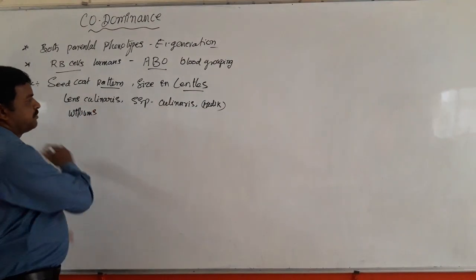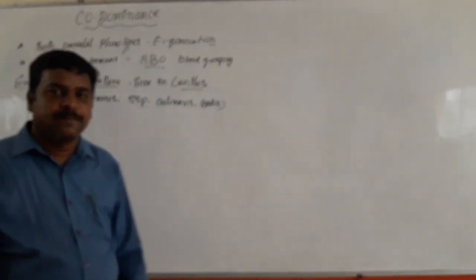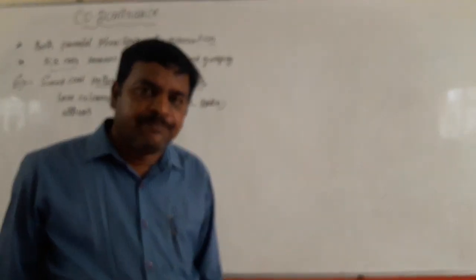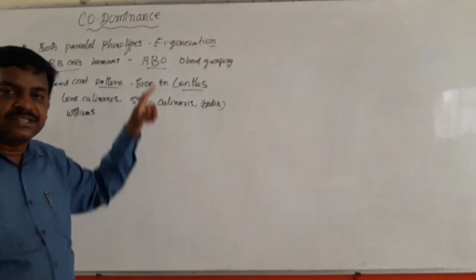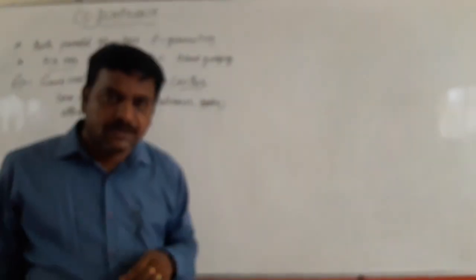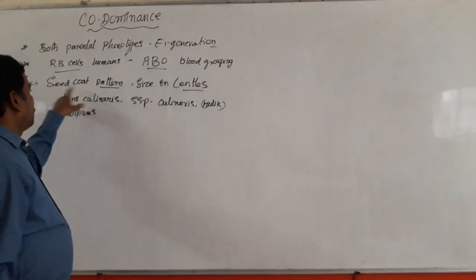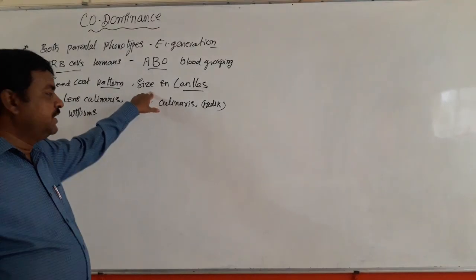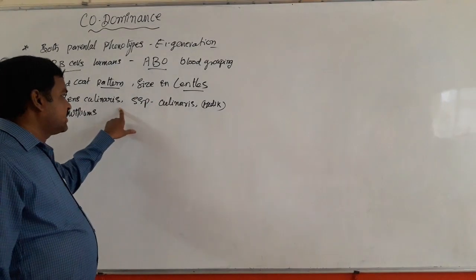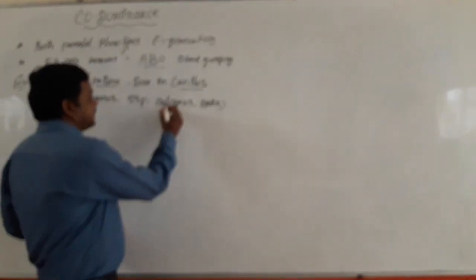They are the best examples of co-dominance. To summarize, ABO blood grouping, that is, different kinds of red blood cells in human beings, and the seed pod pattern and size of lentils, Lens culinaris subspecies like culinaris and Williams, are the best examples.